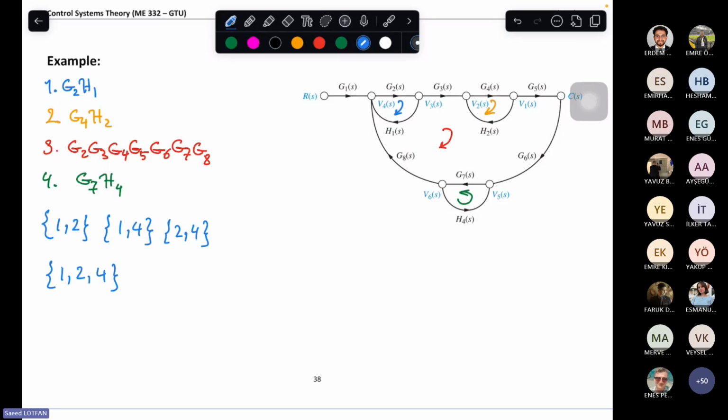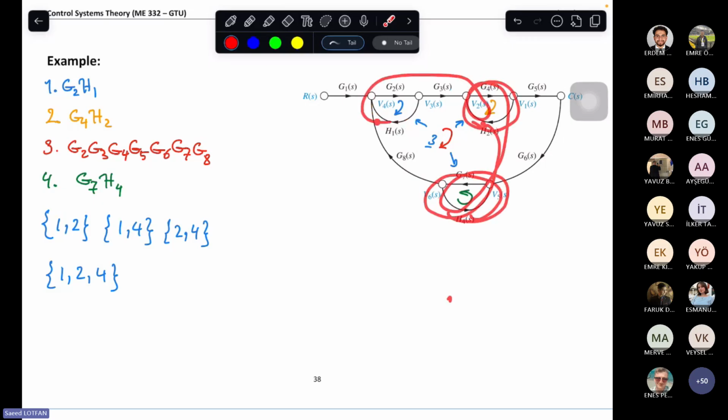So 3 is touching every loop here, it has something in common with everything. So put 3 aside, but you have 1 not touching 2, 1 not touching 4, and also 2 not touching 4, and also these 3 not touching each other. So these are subsets of 2 and 3.